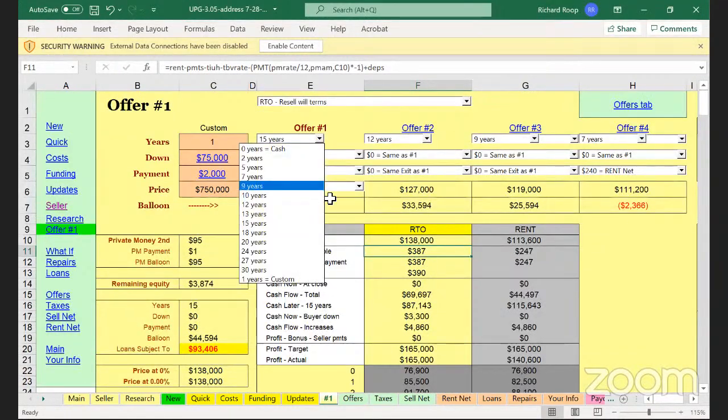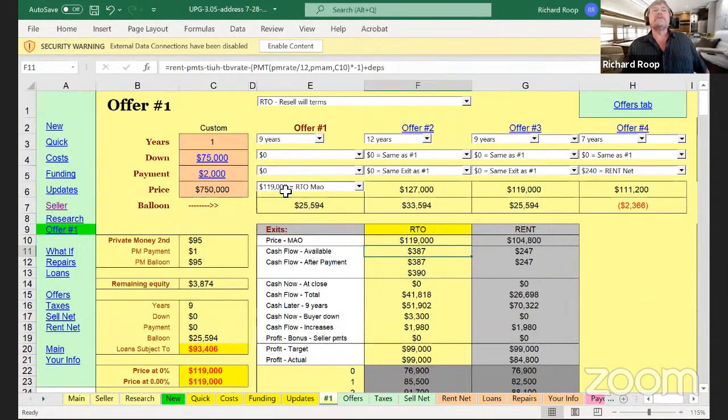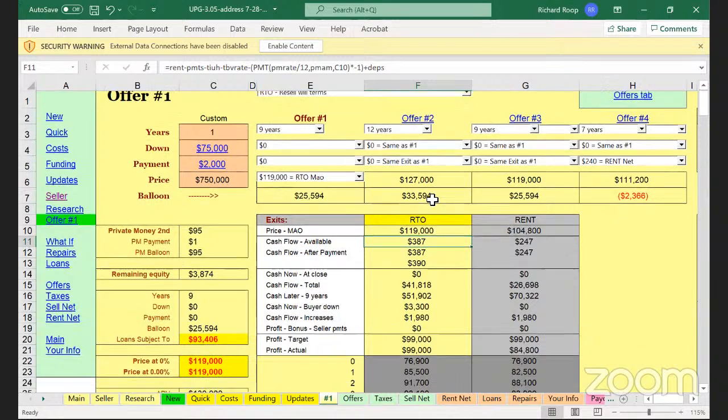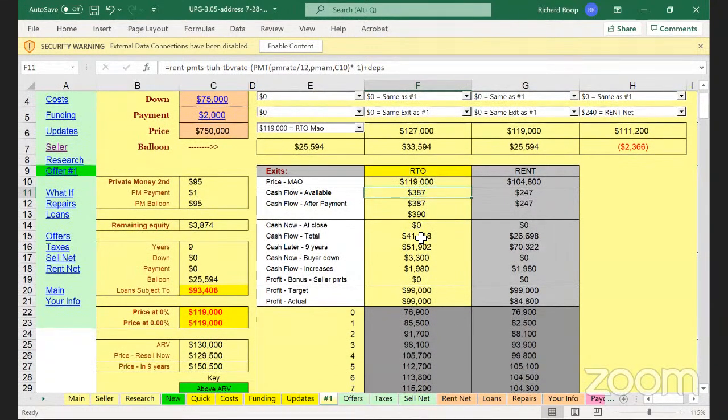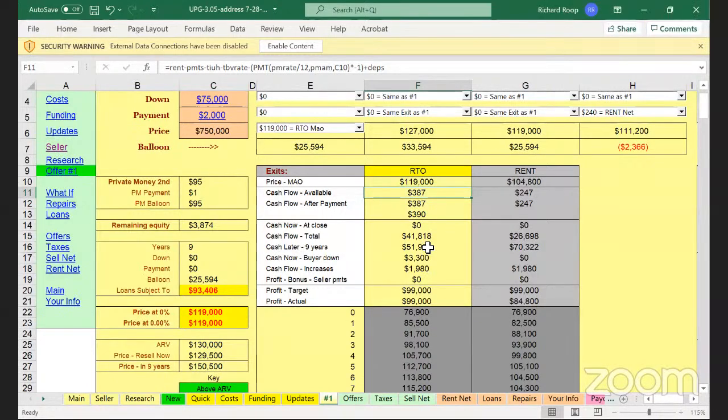Let's take a look at 9 years. So on a 9-year deal, you could pay 119,000, and you'd have positive cash flow. For 9 years, that's 51,000. Total cash flow is 41,000.